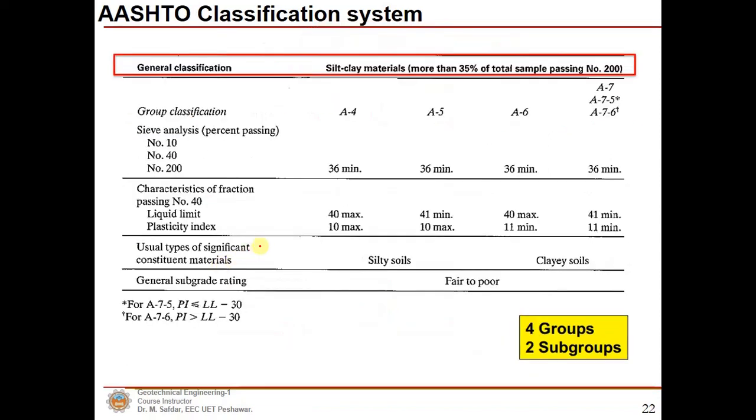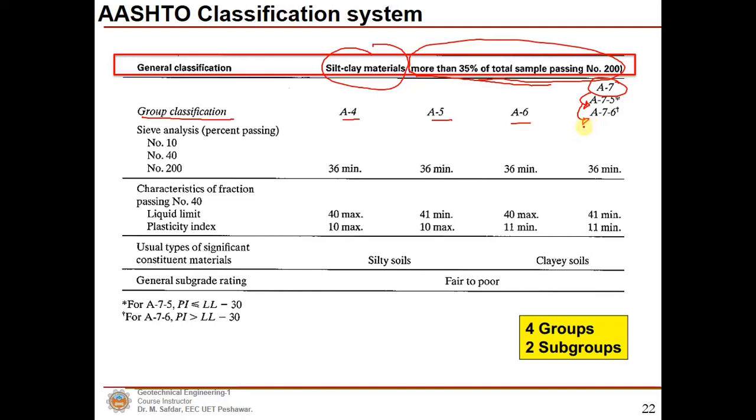Similarly, for fine grained soils or silt clay materials, which means more than 35% of the total sample passing number 200, you can classify into A4, A5, A6 and A7, and A7 is then further divided into 2 subgroups, A75 and A76.